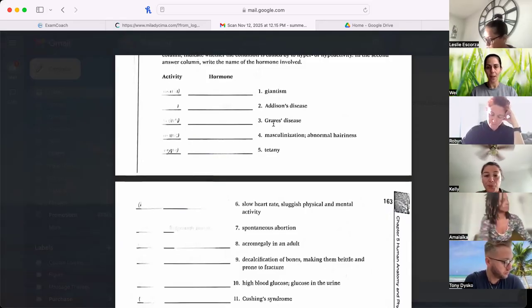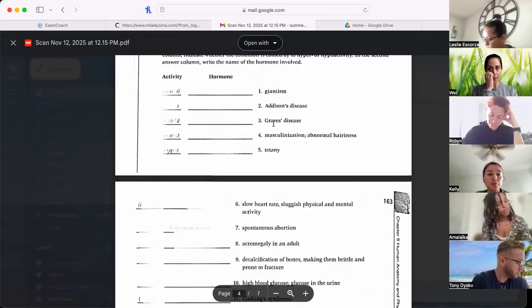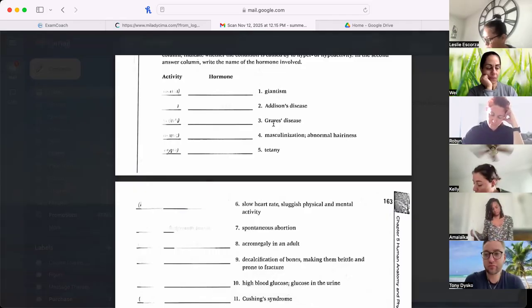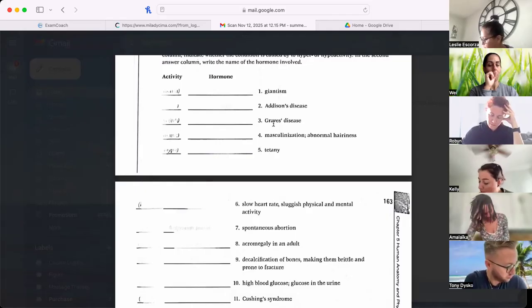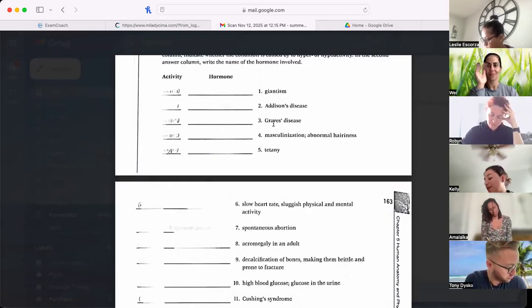Great. Graves' disease, hypo or hyper? Hyper. Correct. And what is the name of the hormone? Thyroxine and triiodothyronine. Thyroxine is sufficient. Great job.